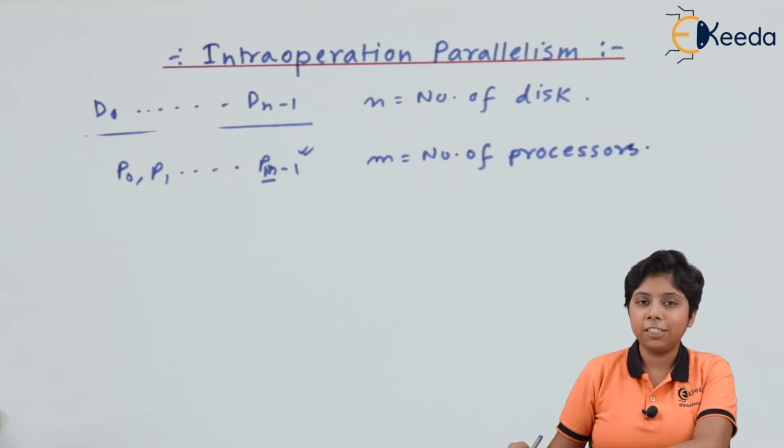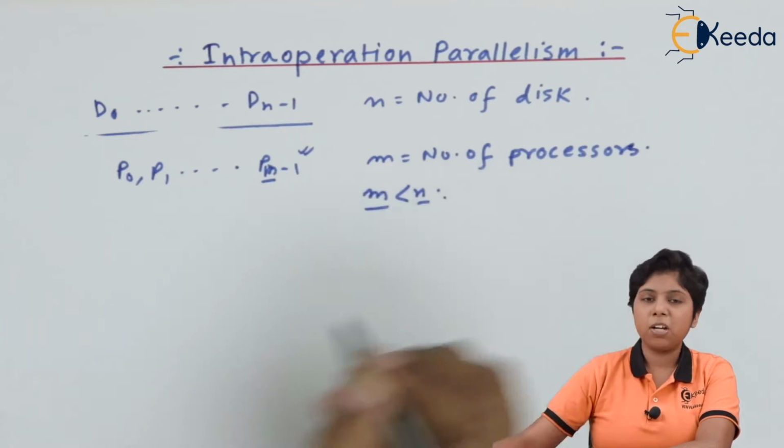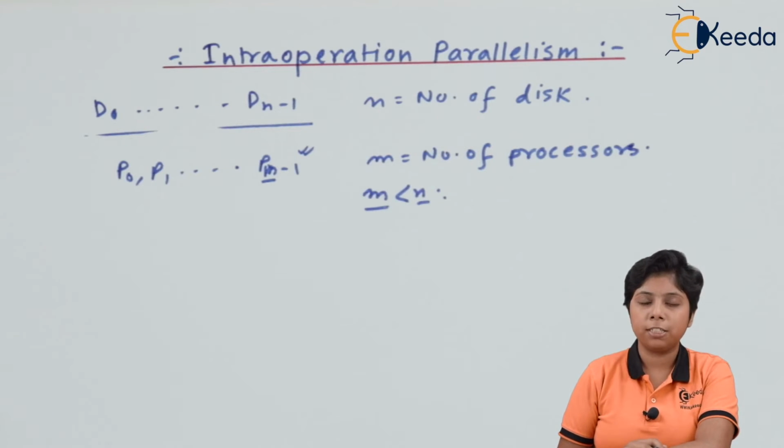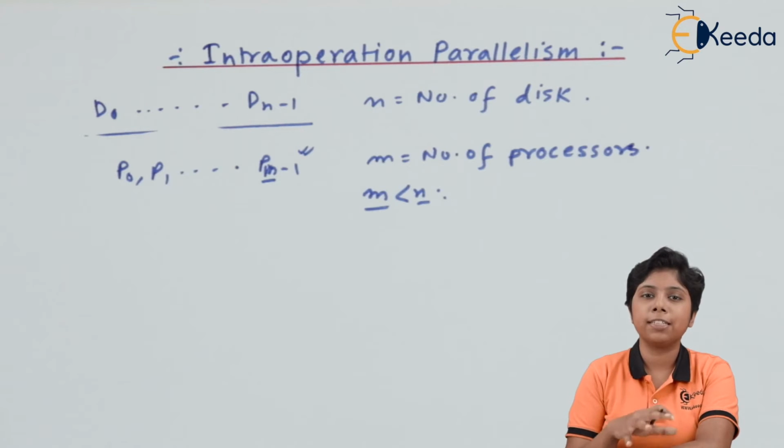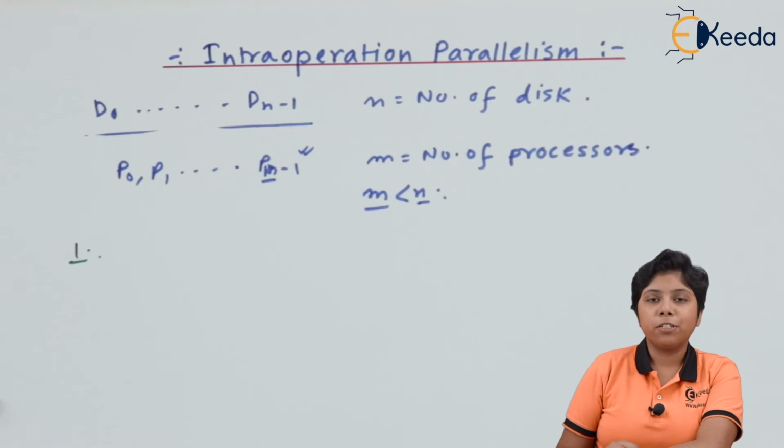One more condition we need to put is that m is less than n, because if there are more processors than disks, it will be of no use to divide the task among the processors. So there will always be fewer processors than the disks on which the data is partitioned. So in step 1, we can perform the following.